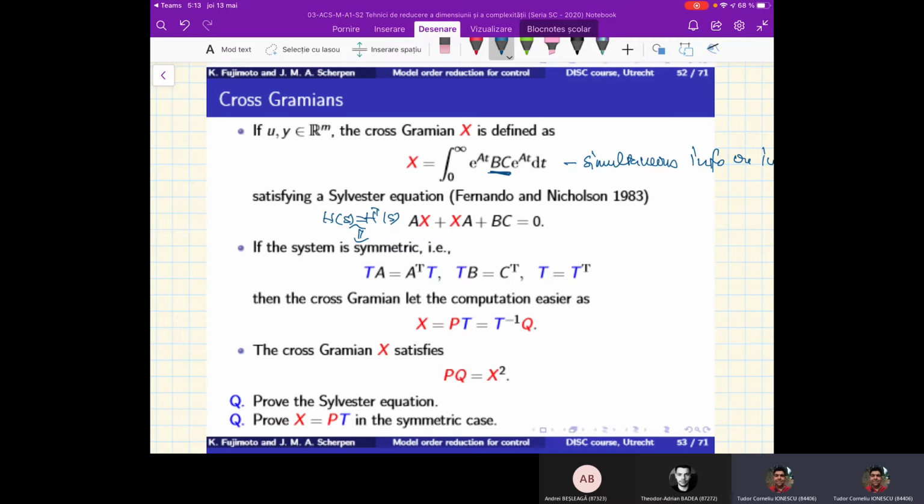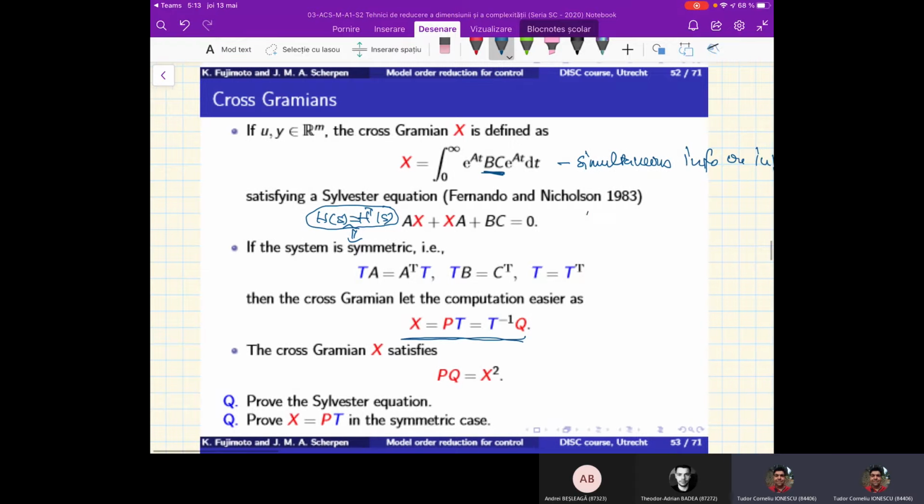Notice that the cross-Gramian is much easier to compute because you only need one Gramian. So in the case of symmetric, for instance, can you give me an example of a class of systems always satisfying this property? So H is a matrix, okay?